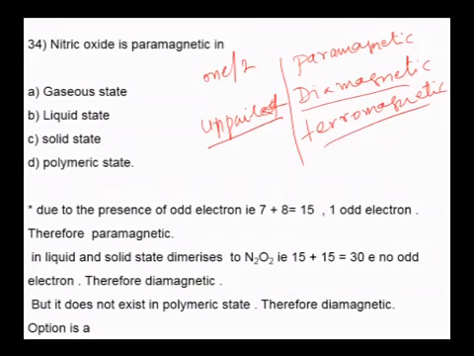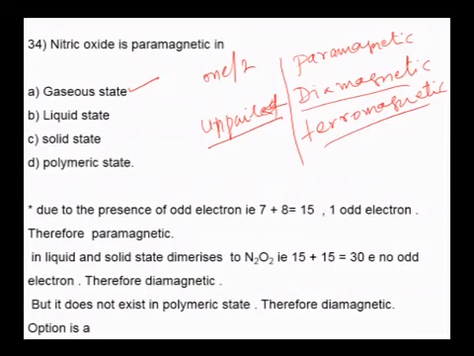So here the question is, nitric oxide is paramagnetic in nature in which state: gaseous, liquid, solid or polymeric. It is paramagnetic only in the gaseous state. This is because of the presence of 1 odd electron. Let us calculate the number of electrons present in nitric oxide.